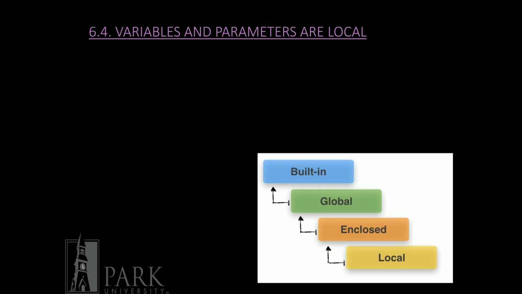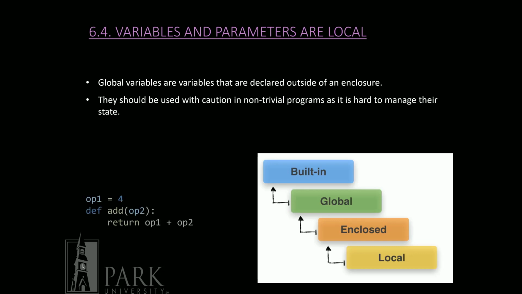If you remember from our previous discussion, global variables are those that are declared outside of an enclosure. And as I mentioned, it can be really easy to mess up a program and introduce really hard to find bugs by using these global variables. And so you should use them with caution when you are doing any non-trivial programming.